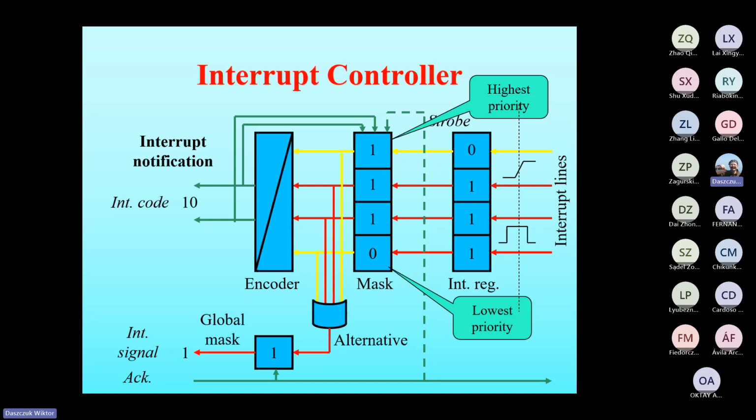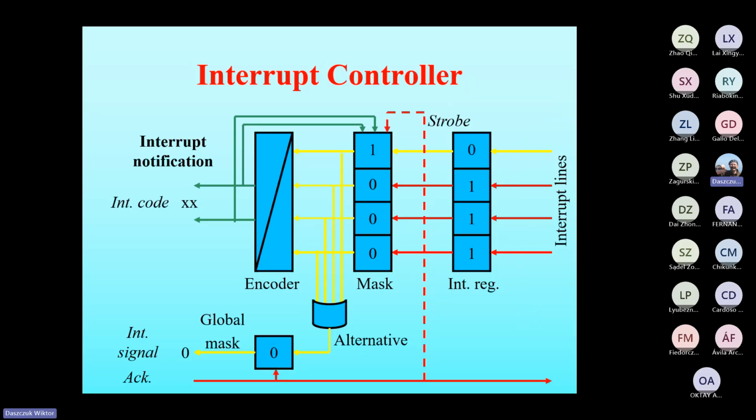When the processor sends an acknowledgement, it automatically clears the collective mask. So when we accept an interrupt, all interrupts are disabled automatically. And a new mask is entered to the mask register.